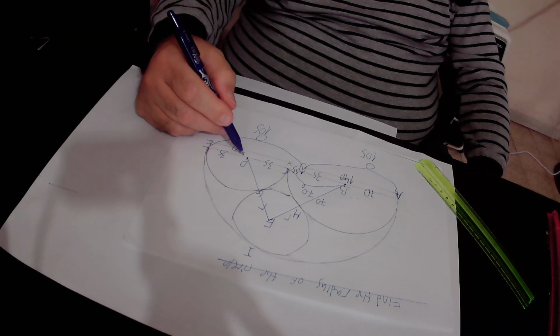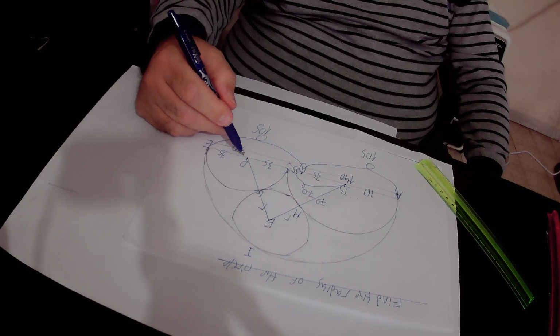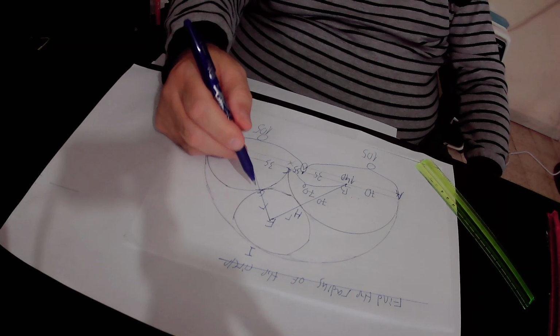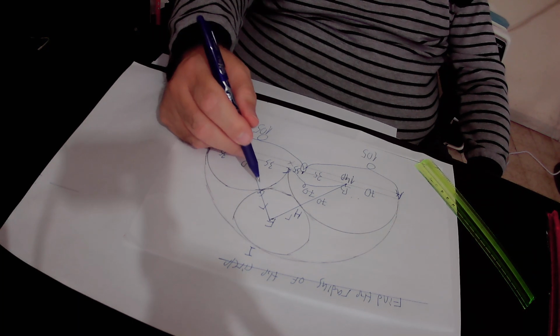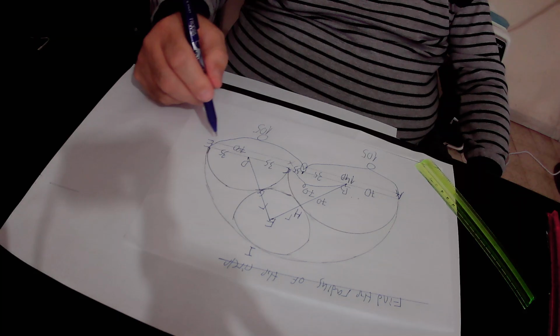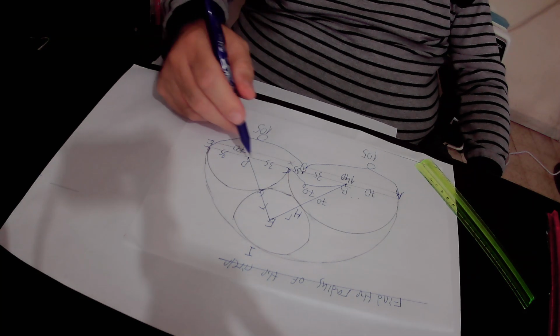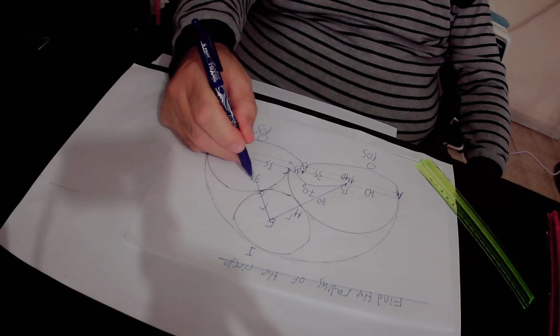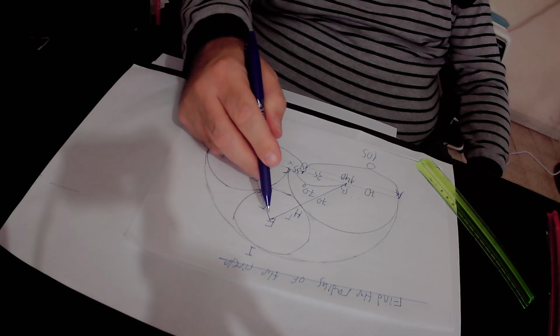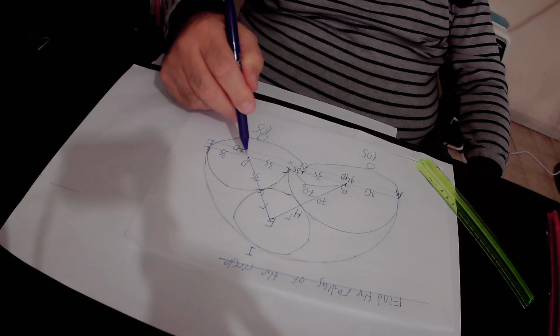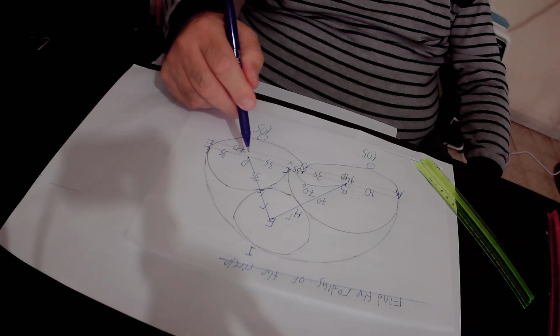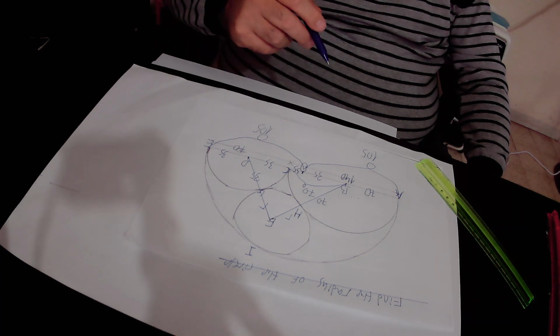Point D is the center of this smallest semicircle. Point G is a point on this small semicircle itself. Therefore, GD is the radius of this smallest semicircle, that is equal to 35 units. So we found out that FD, the distance between the centers of this small circle and the smallest semicircle, equals 35 plus R units.